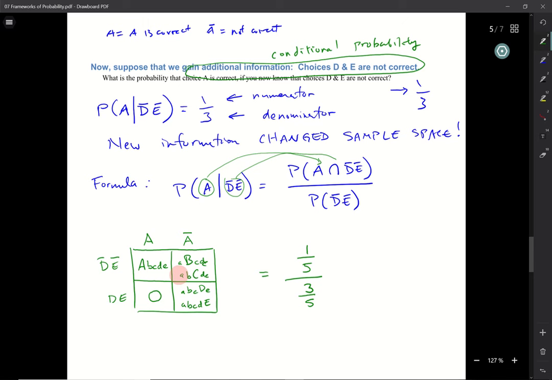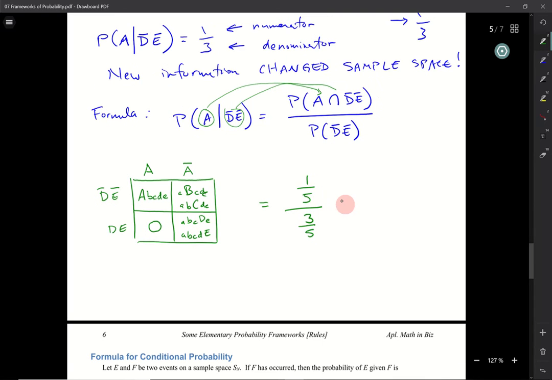Does that make sense? It looks a little weird, having a probability and you divide it by another probability. But look what happens. It becomes 1 over 5, and then to do the division, we take the reciprocal, 5 over 3. Right? So what has happened when we do this?